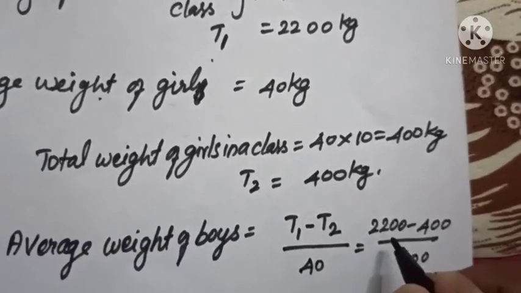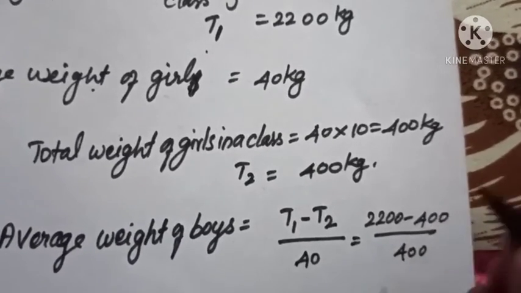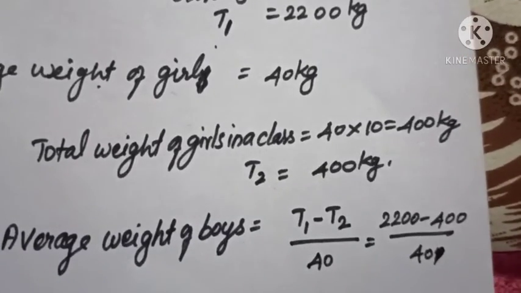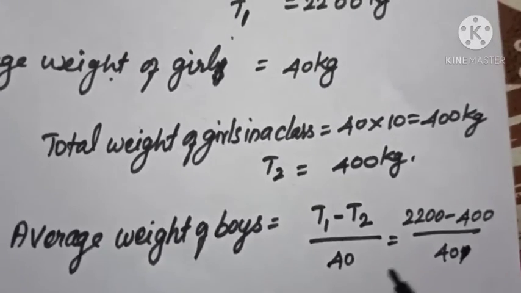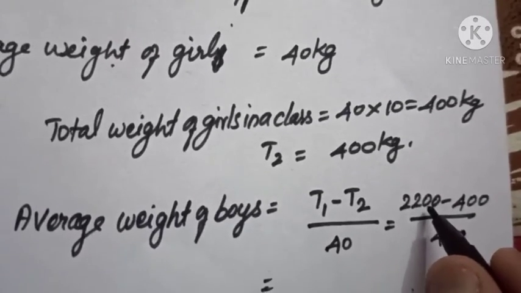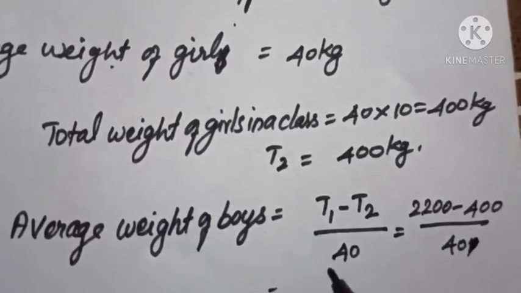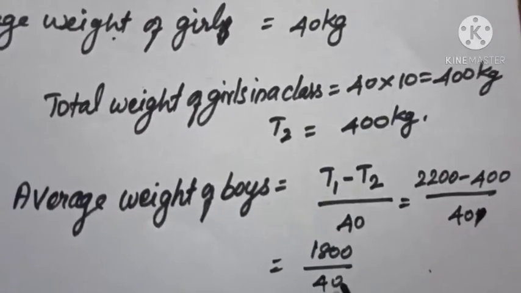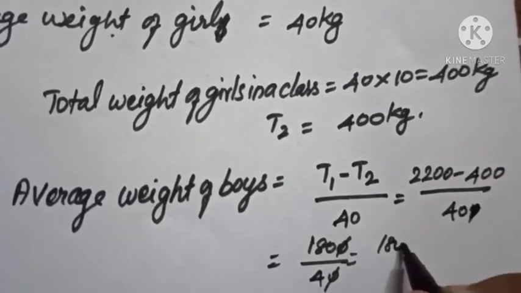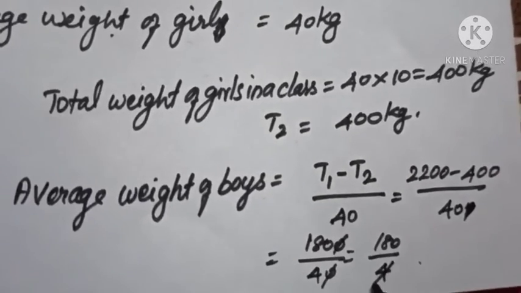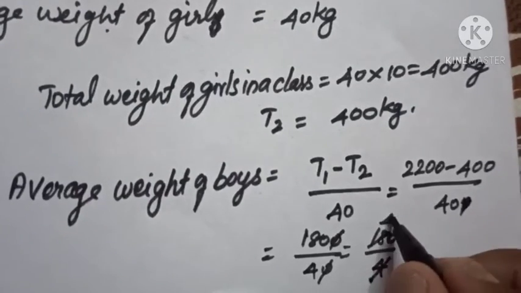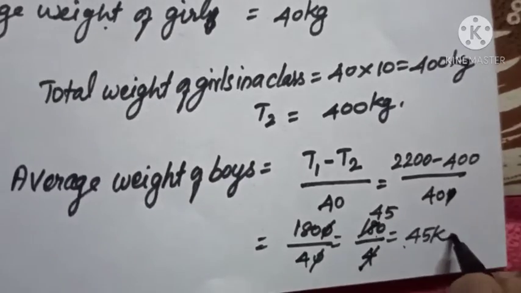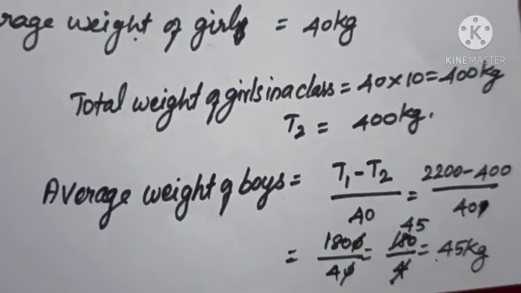If you subtract the girls' weight from the total weight, you get the boys' weight. The boys' weight divided by 40 gives the average weight of the boys. So 2200 minus 400 gives 1800, divided by 40. The 0 cancels, so 180 divided by 4. 4 4s are 16, remaining 2, 5 4s are 20. So 45 kilograms is the average weight of the boys.